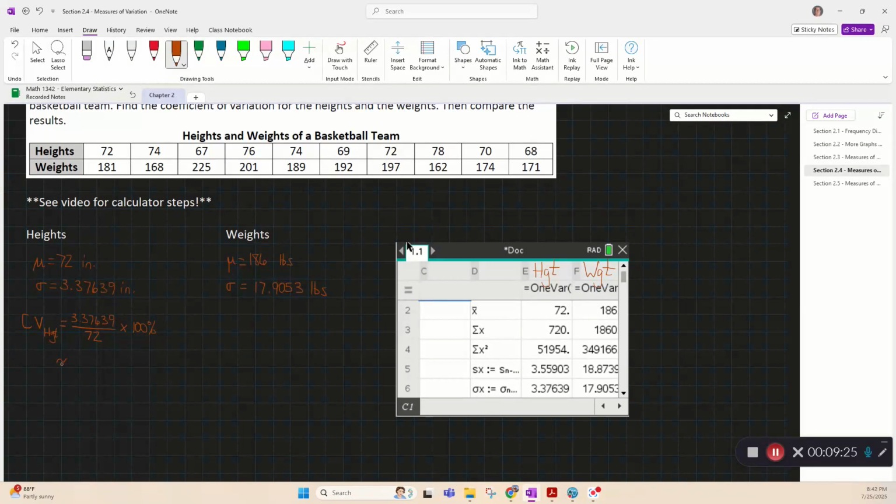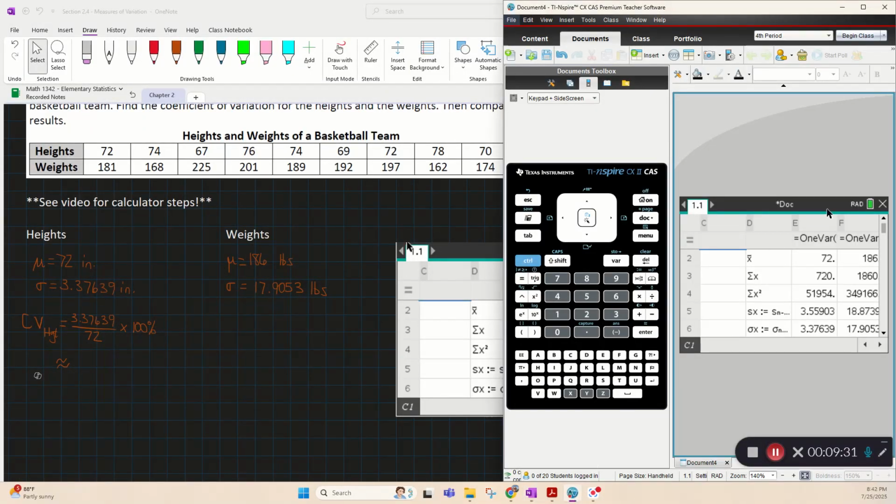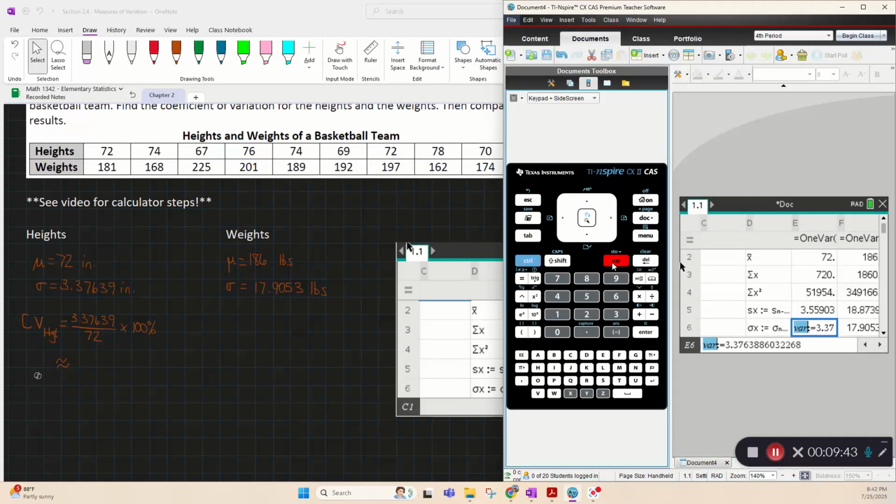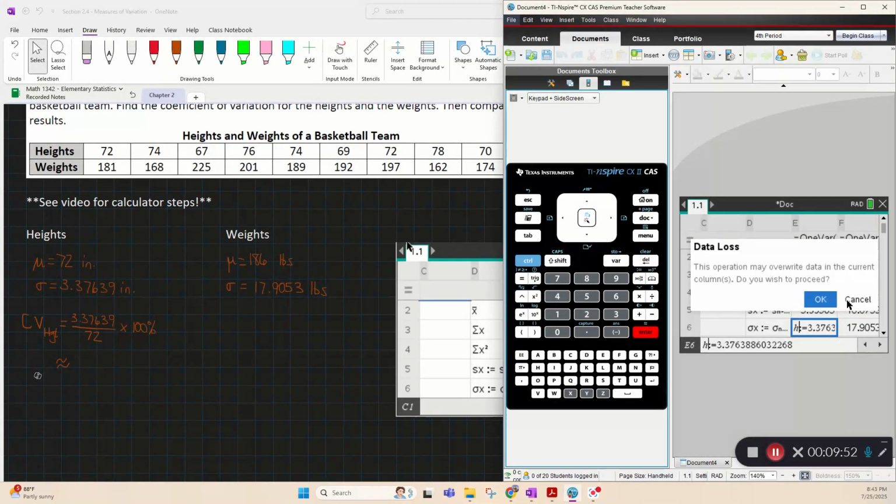So that would be roughly equal to, well, let's see. Now, one thing you may not realize, at least on these Inspires, is that you can store values. Like this value right here, I know it's important. So I'm going to store this as an H so I can use it later.